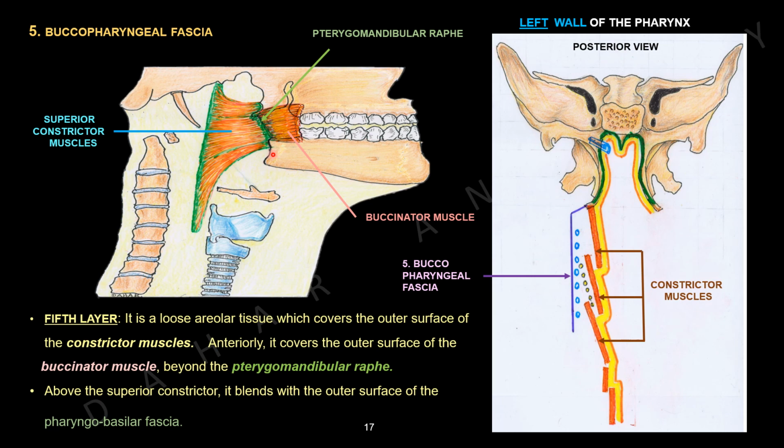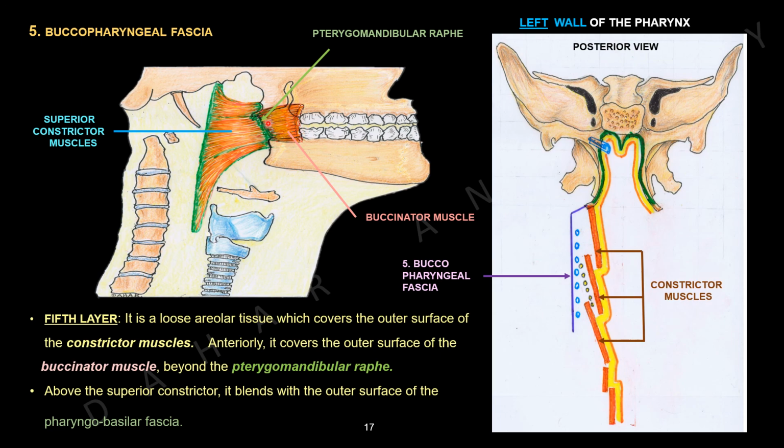What is the raphe? It is where two muscle fibers meet. In front of it is the buccinator muscle. Behind it is the superior constrictor muscle of the pharynx. Between these we have the raphe. In front, buccinator; behind, the pharyngeal muscle. Both muscles are laterally covered by fascia, called the buccopharyngeal fascia.